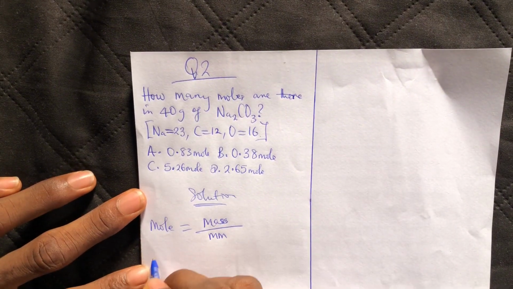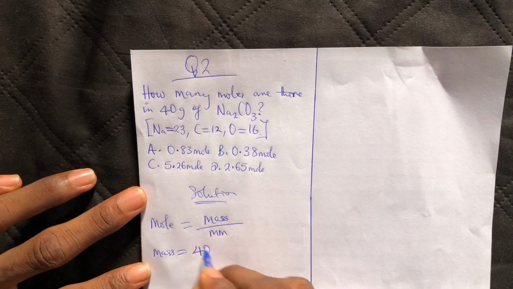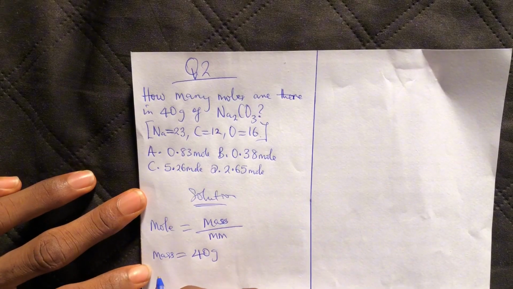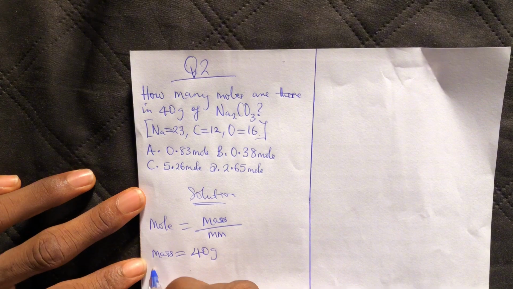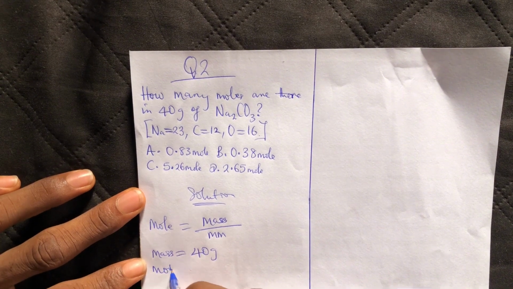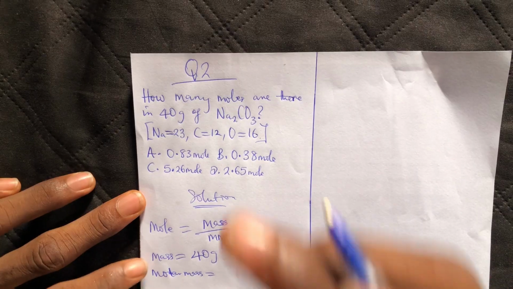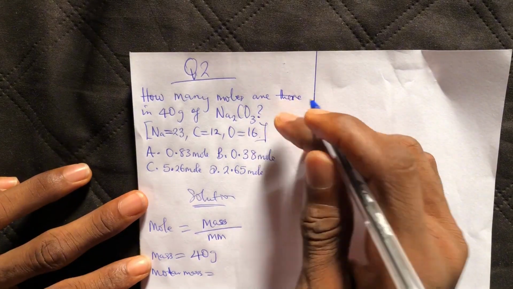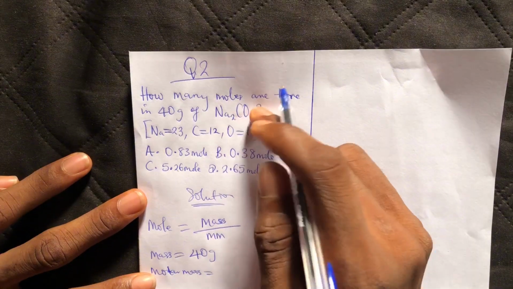You can see that mass is given to us in the question to be 40 grams. You can also see that the molar mass is given to us, but it's not written out because we actually need to get the molar mass from sodium carbonate.